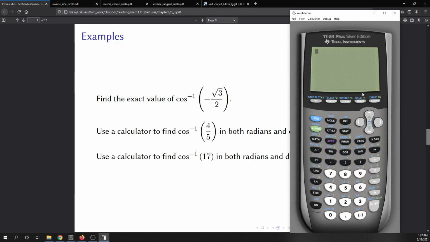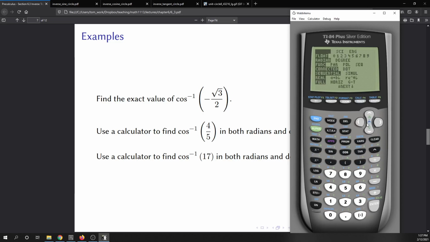Okay, so now let's do inverse cosine of 4/5. So again, I'm in radian mode, so just making sure. And do inverse cosine of 4/5. And I get 0.6435. That's in radians.